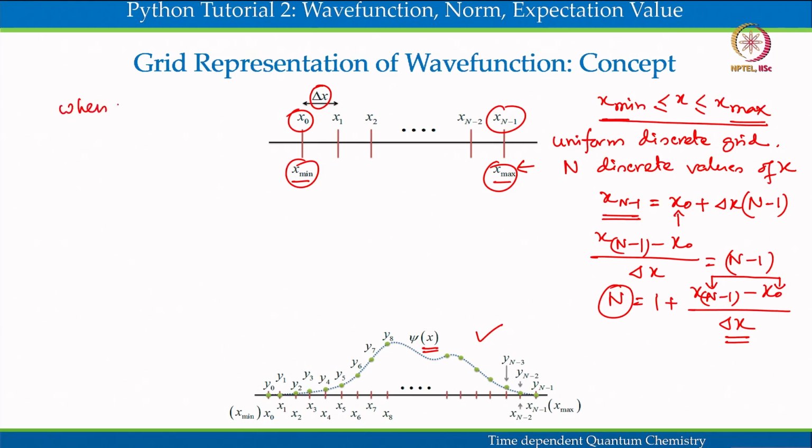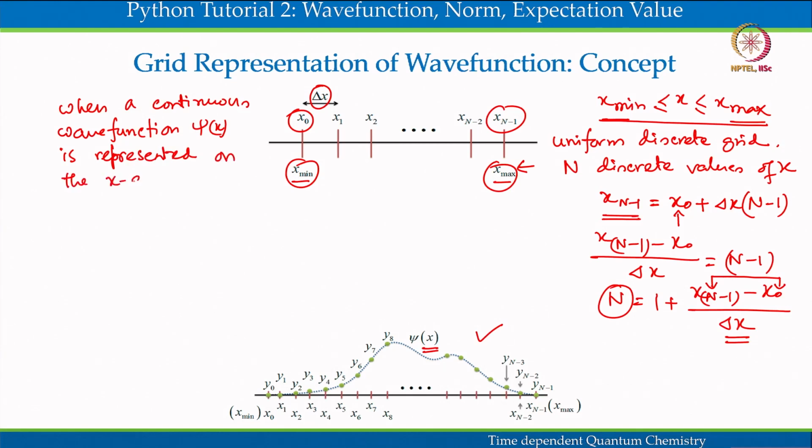So when a continuous wave function is represented on the x grid, we get these values.